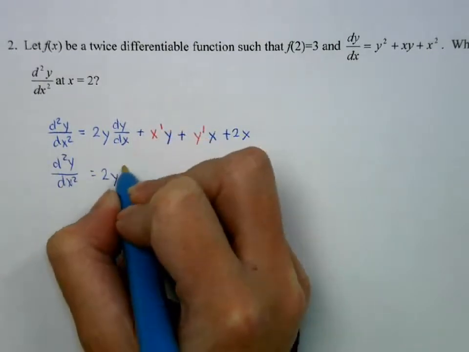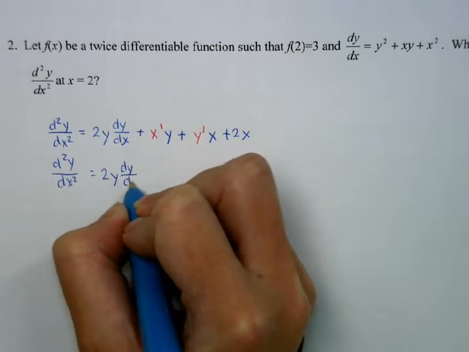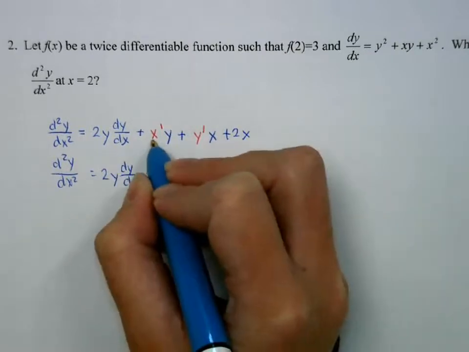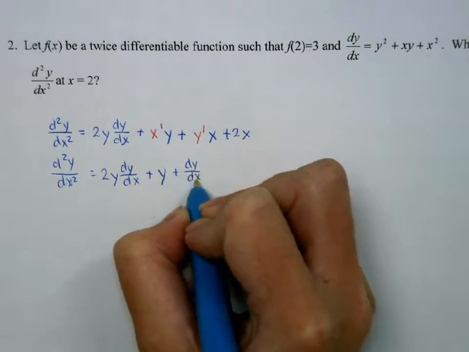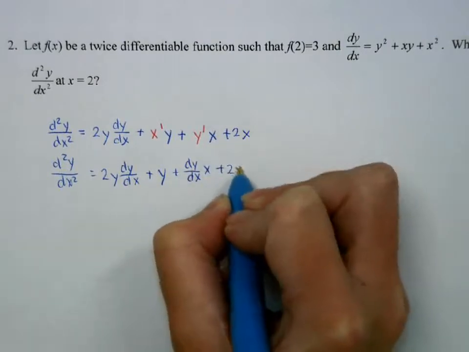So we have 2y dy dx plus 1 times y plus dy dx times x plus 2x.